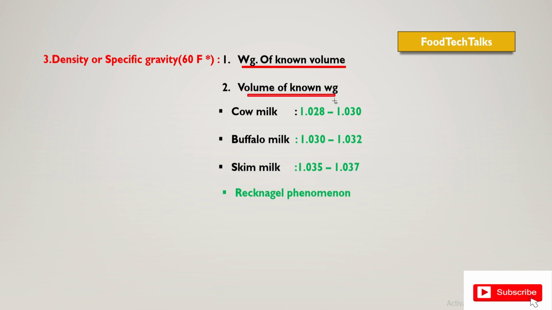Density of cow milk can vary from 1.028 to 1.030, whereas in buffalo milk it can be 1.030 to 1.032, and skim milk shows 1.035 to 1.037. Specific gravity of milk should not be determined for at least 1 hour after it's drawn, because it will show a lower value than the normal value. This phenomenon is known as Recknagel phenomenon.